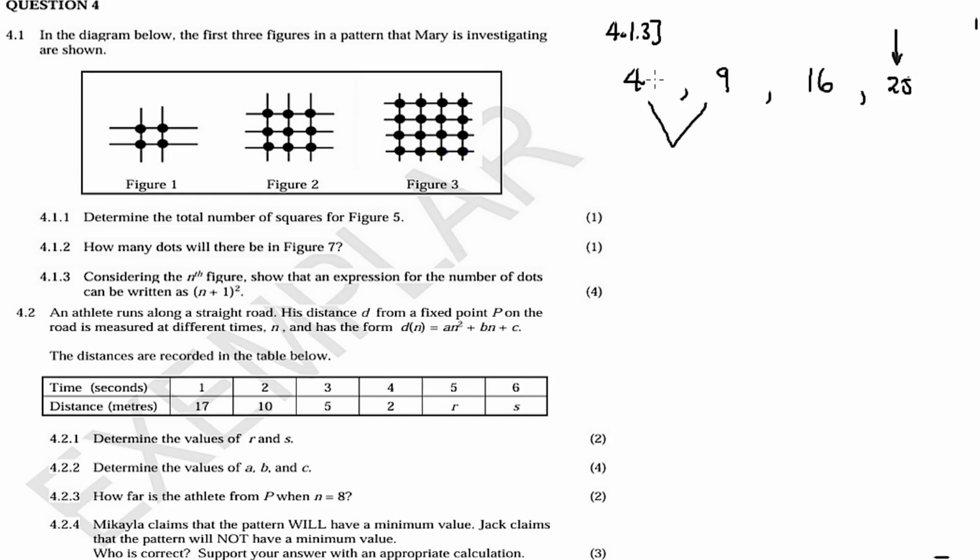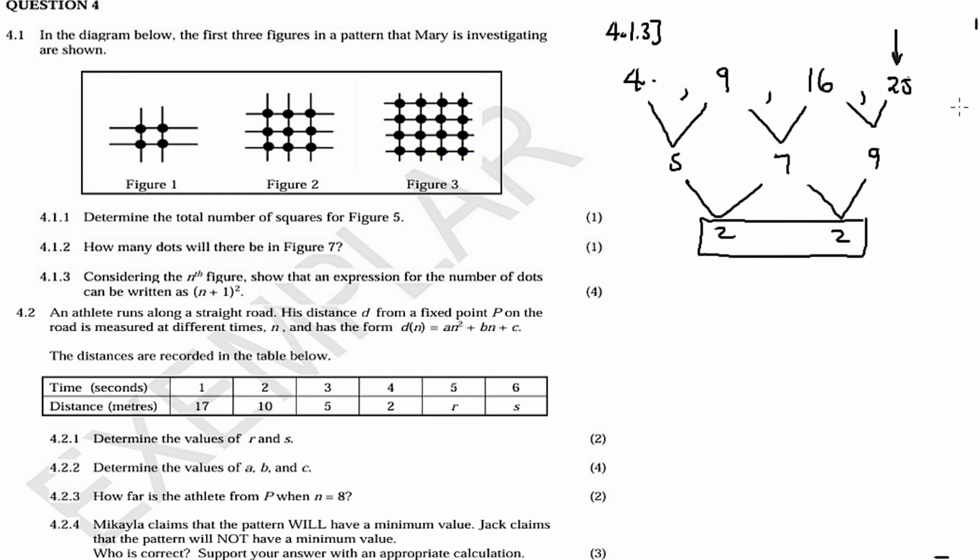So 9 minus 4, that's 5. 16 minus 9, 7, and then 25 minus 16, I think it's 9. 5, 7, 9. 7 minus 5, getting a 2, 9 minus 7, I'm also getting a 2.